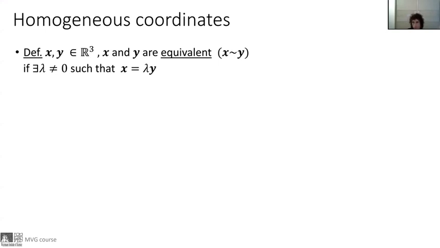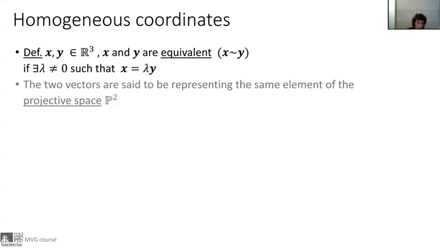Lambda is not 0, okay? These points are going to be equivalent. So these two vectors, x and y, which are distinguished by just a scalar lambda, represent the same element in the projective space P2. That's what we say.